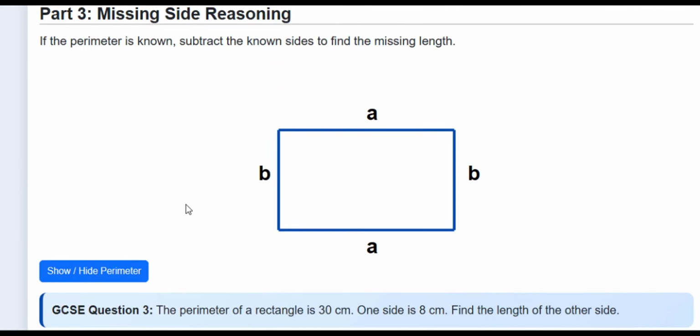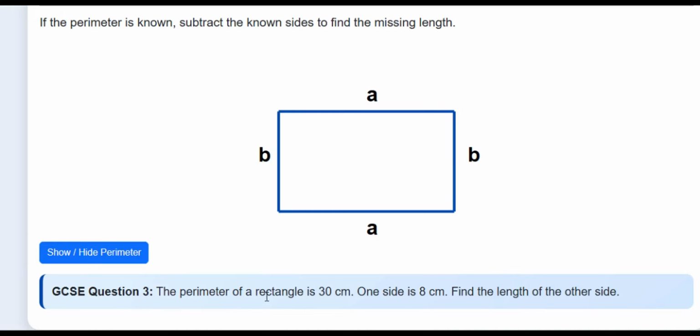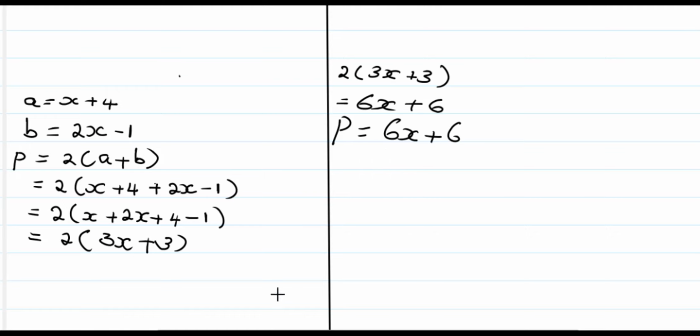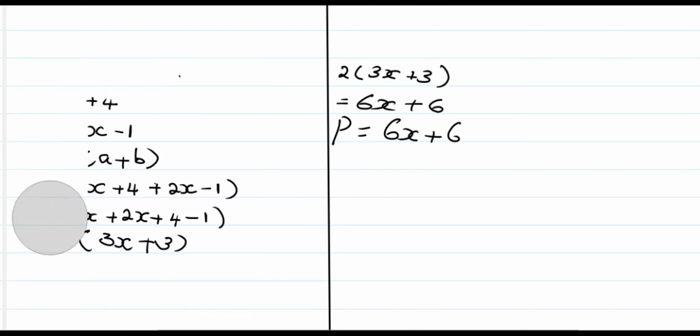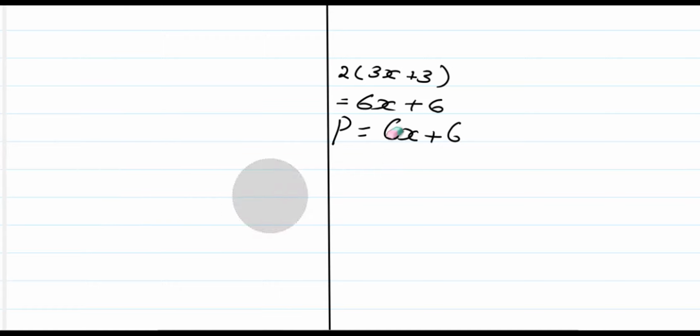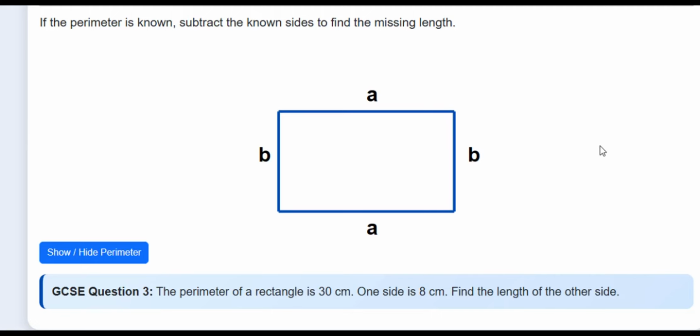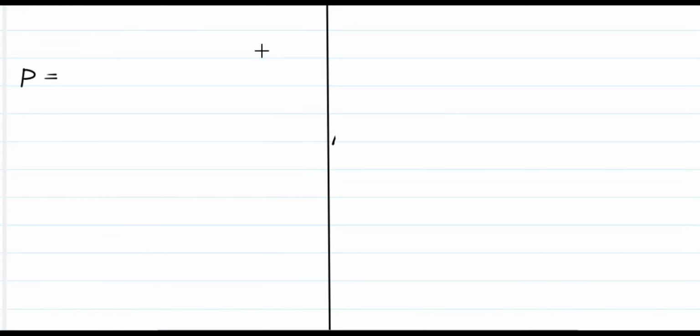So here you are told the perimeter of a rectangle is 30 centimeters. So first, we are given the P. Let me first of all clear this board so that we are not messed up. So we are told the perimeter P is given by 30 centimeters.